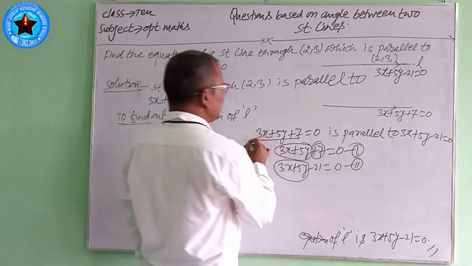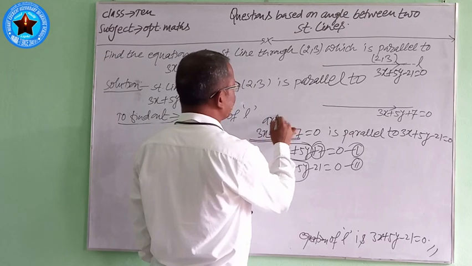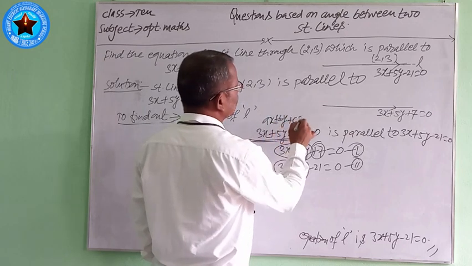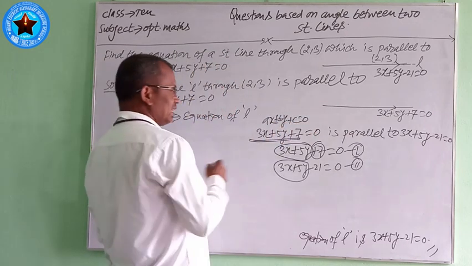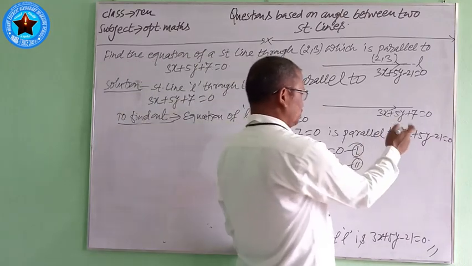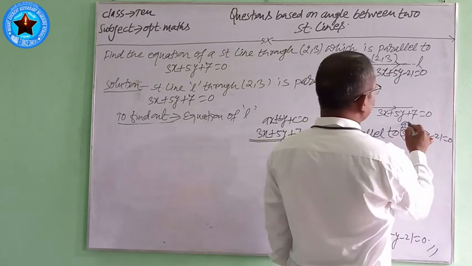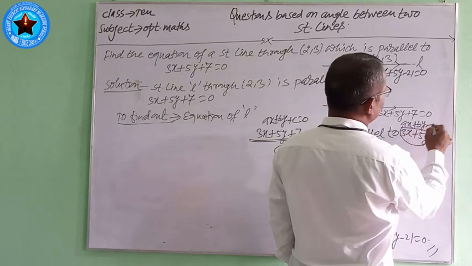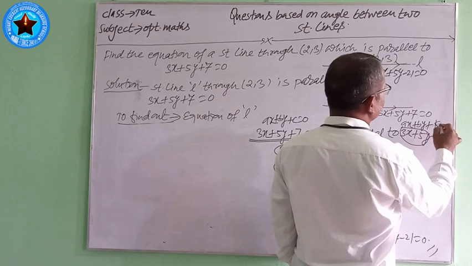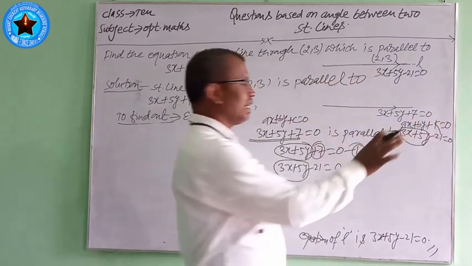We can say if it is ax plus by plus c equals 0, then it is parallel to ax plus by plus k equals 0, where c and k are different.